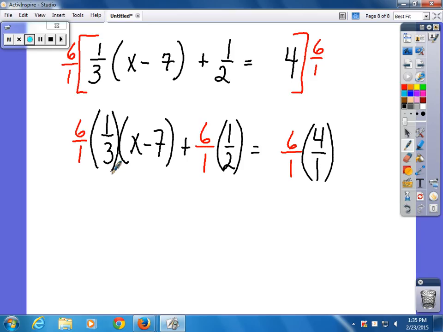I'm going to multiply by this 1/3. I'm going to multiply by this 1/2. And I'm going to multiply by this 4. And the student says, well, Hubert, I thought you said you couldn't multiply with the parentheses. And why are you multiplying by this 1/2? Well, you got a concrete block with a ring in it. Right here. Concrete block with a ring in it.